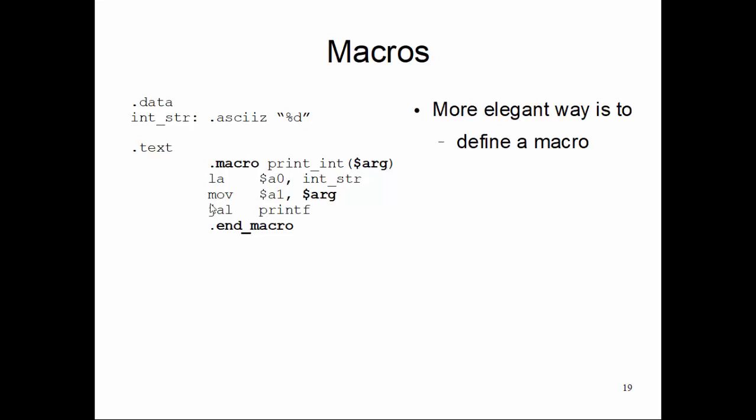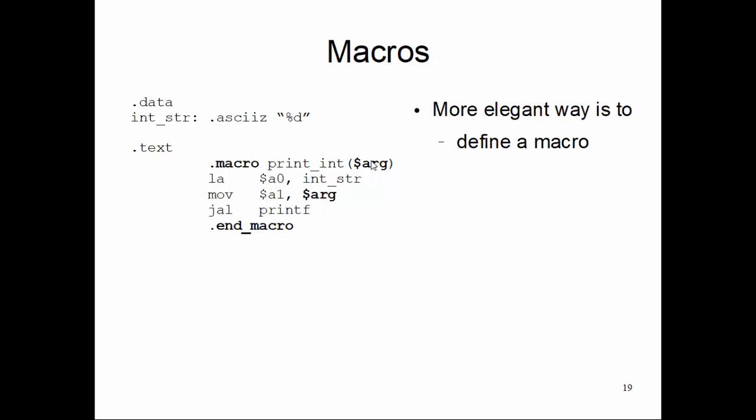But anyway, then we are writing the code that we have seen earlier for the other way of repetitive code. I'm writing these three lines, but instead of writing the specific move statement with $t0, I am replacing that with $arg.